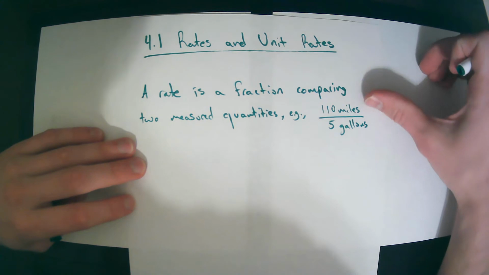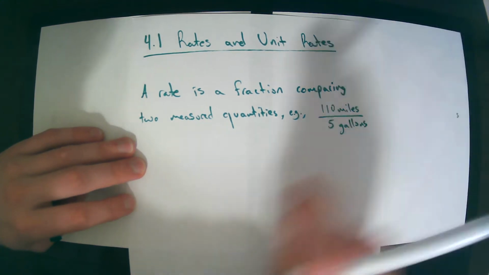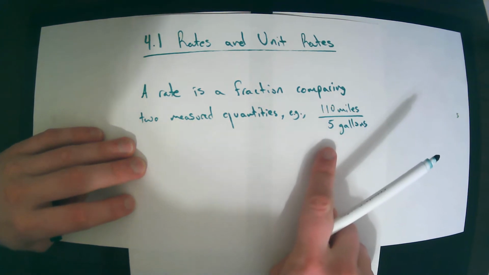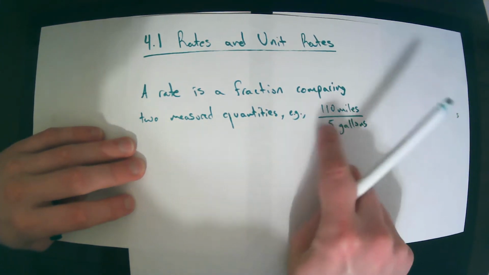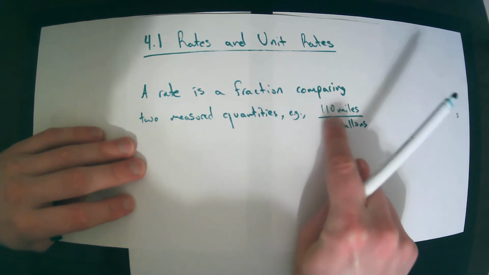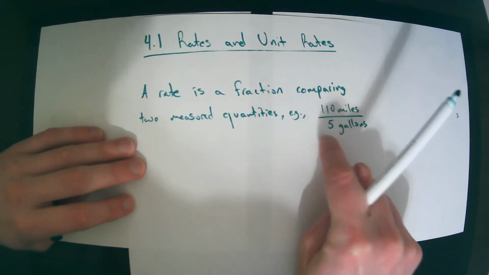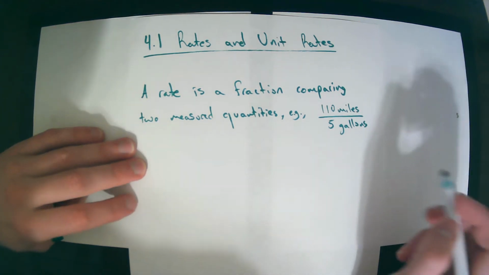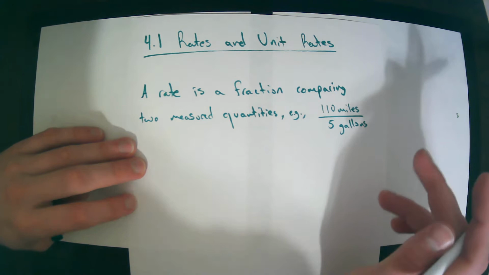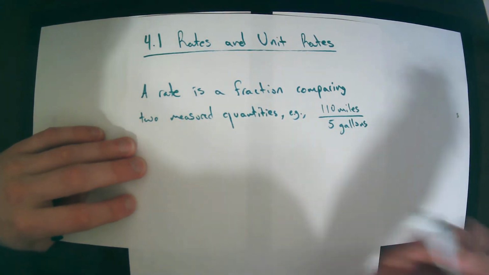But when I attach units to the back of it, now it's not just a fraction comparing 110 and 5, it's a fraction comparing two things that have been measured, specifically 110 miles compared to 5 gallons. And of course that can be reduced, and we're going to look at that later, but we're just getting an idea for what a rate is.